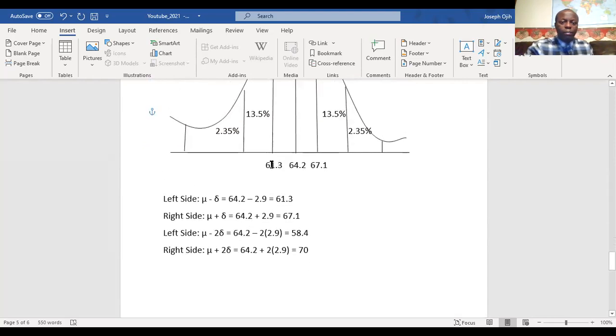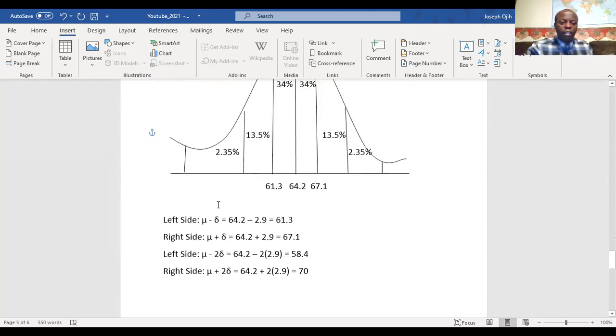Now, let me write it down here. So we have the left side as we got, let's start at 58.4. The right side is 70.